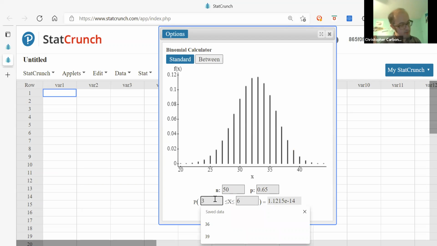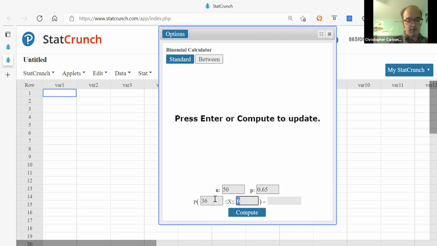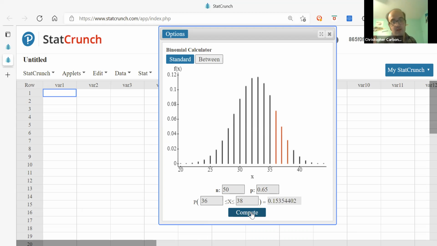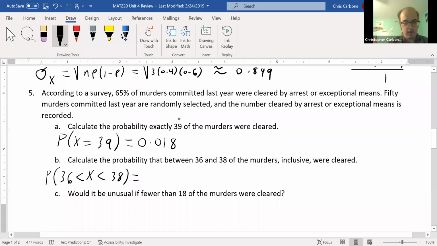And we are going to put in a 36 and 38, changing nothing else. It's still 50, and probability of success is still 65%. This would give us a value here of 0.154, that rounds to .154.